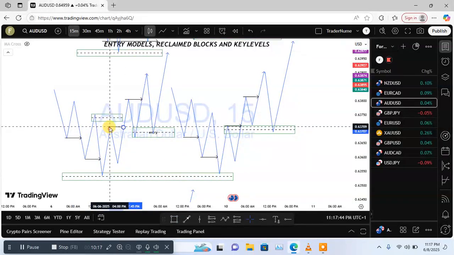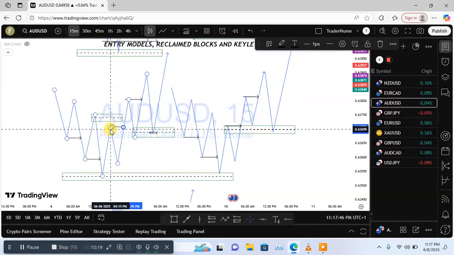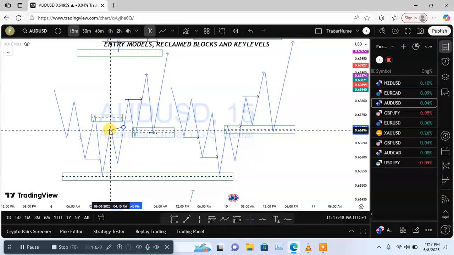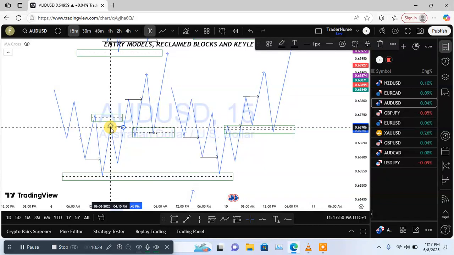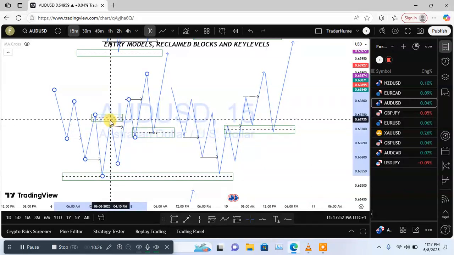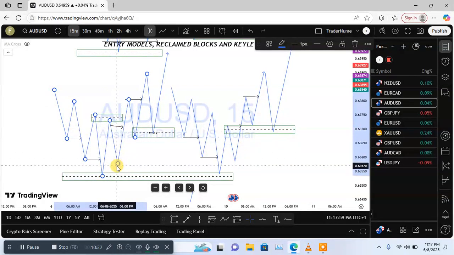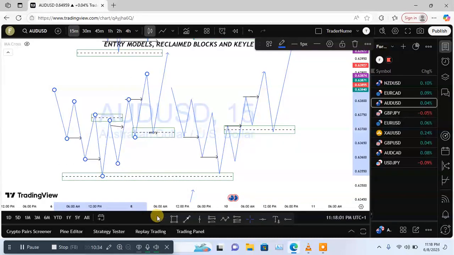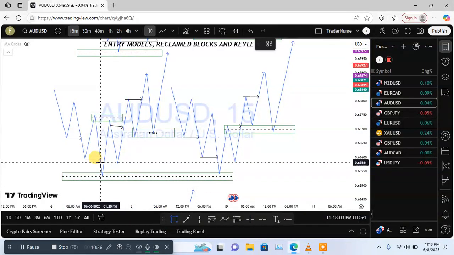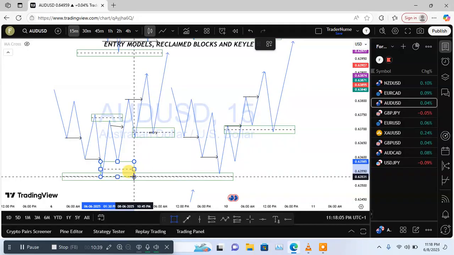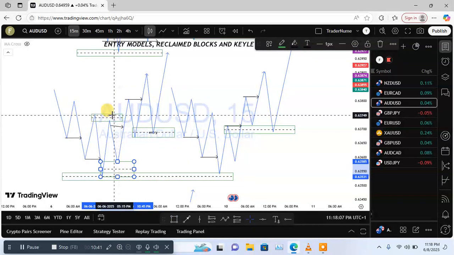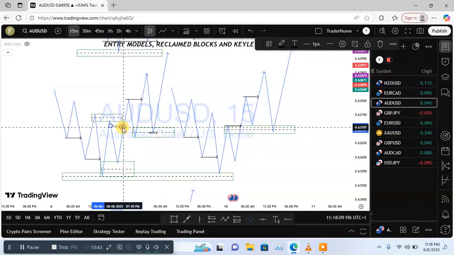Price will tap here, sorry. This is actually the flip entry model. Yeah, price will tap on the supply zone. It will fail to break it entirely. It will tap there, come back to this demand zone that it created previously, and price will now break.